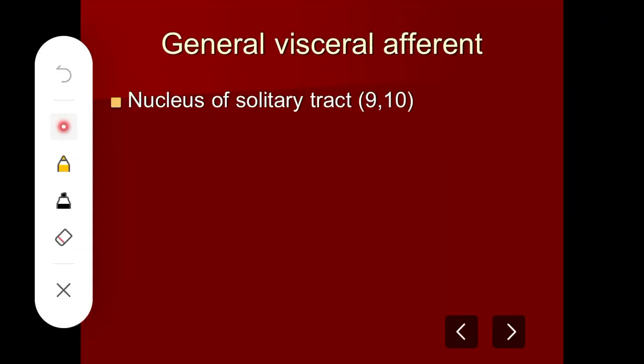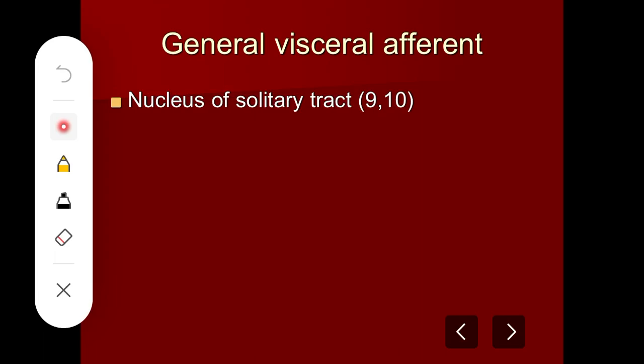So it's very easy. General visceral afferent and special visceral afferent, both GVA and SVA, are represented by one single nucleus, and that is the nucleus of solitary tract. Fine. And then you find the general sensation is general visceral afferent. So afferent means it is the general sensations.